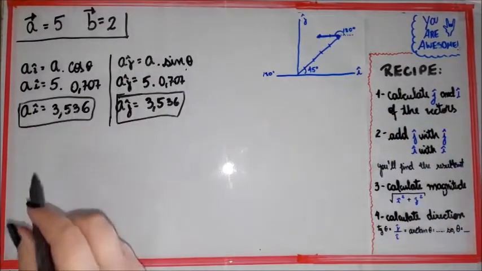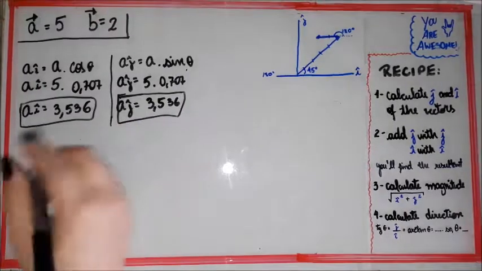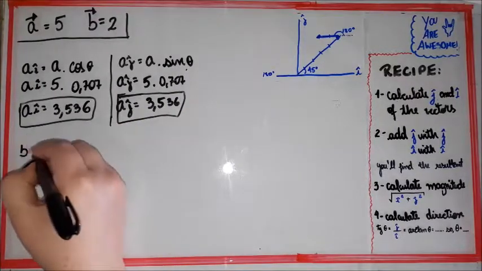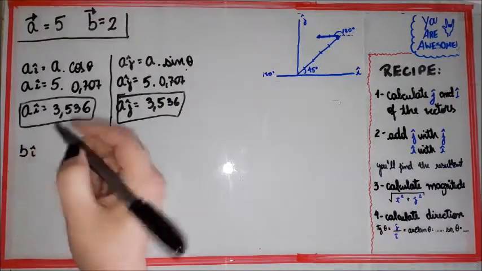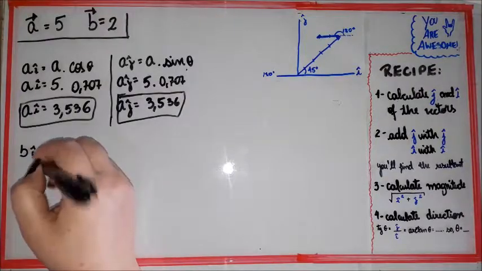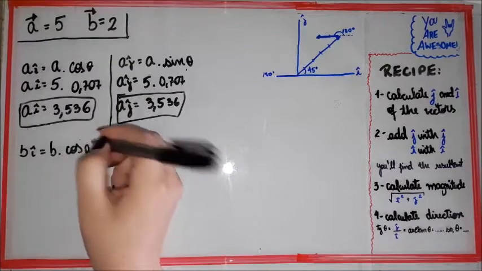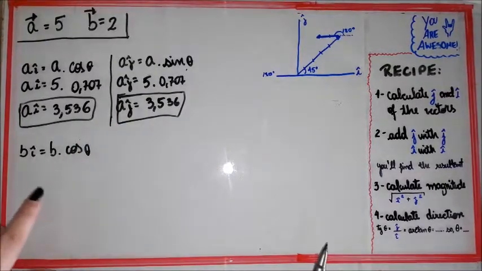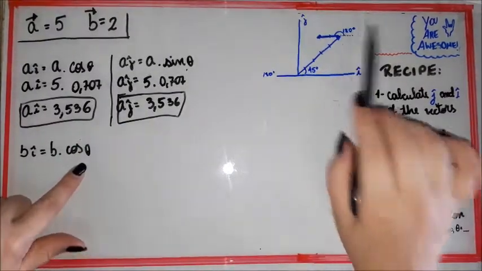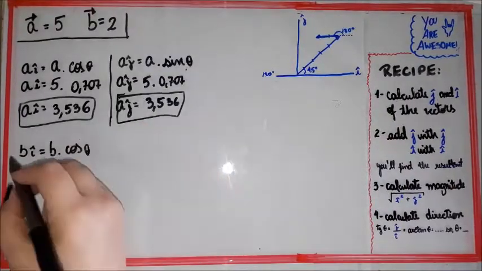Now let's go for the B vector. So B i is equal to B times cosine of its angle. The angle of B is 180 degrees.